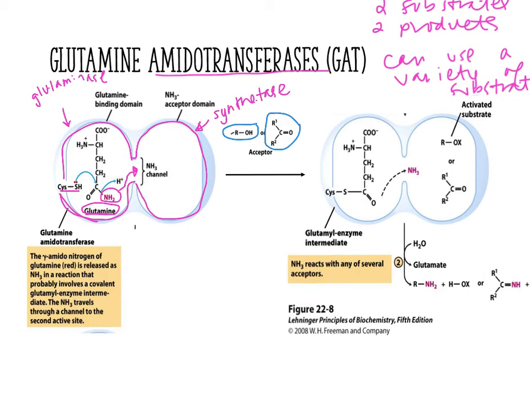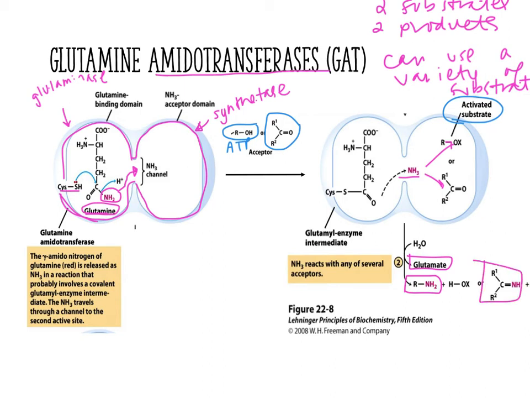If it has an OH group on it, then you also have to use ATP so that it becomes activated.